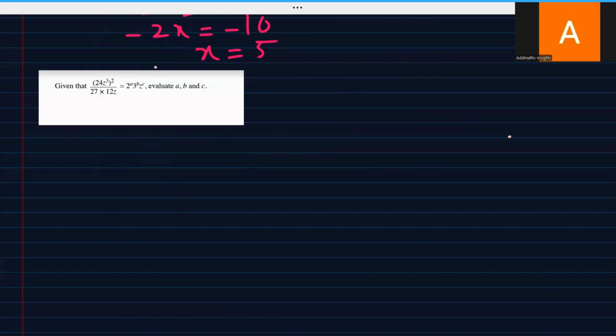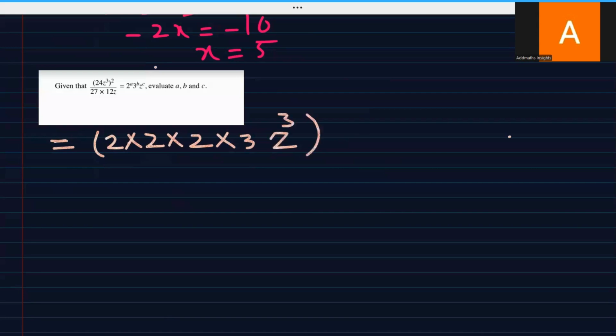So when you factorize 24, the factors of 24 are 2 times 4, and 4 times 2 is 8, and 8 times 3 is 24. So you can make factors, because you cannot express this as a power of a single number, like you can express 27. You can write 27 as 3 cube.